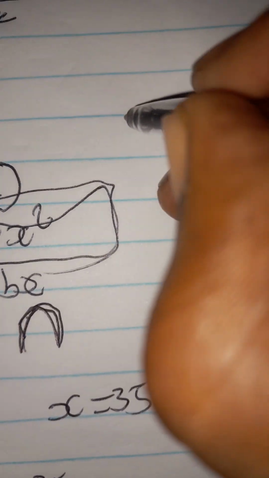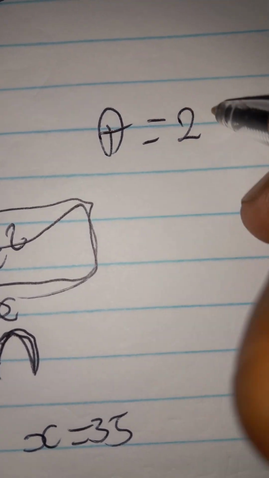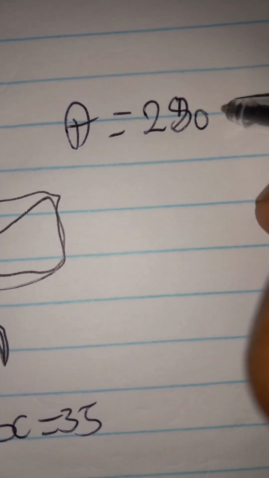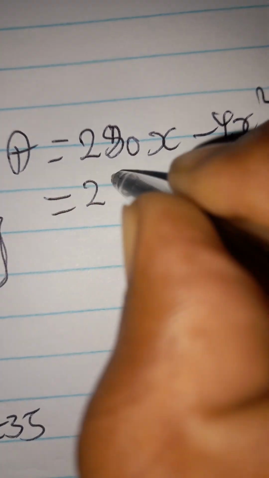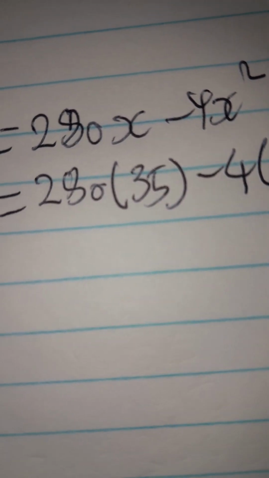We haven't calculated the maximum area. For us to get the maximum area, you go back to the original function, which is 280x minus 4x squared. Let's place 35 there. 280 multiplied by 35, minus 4 multiplied by 35 squared.